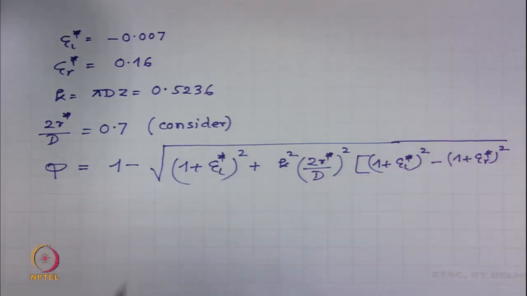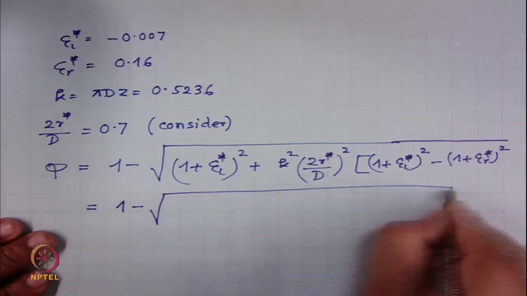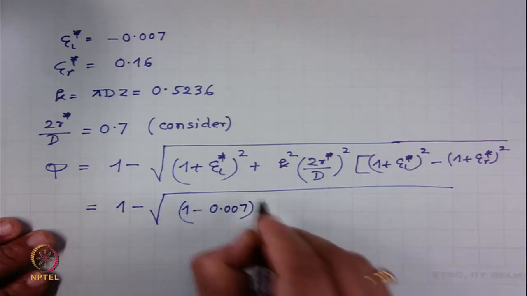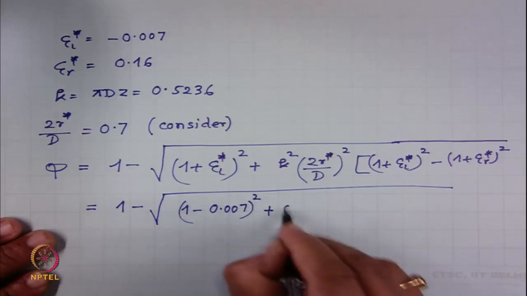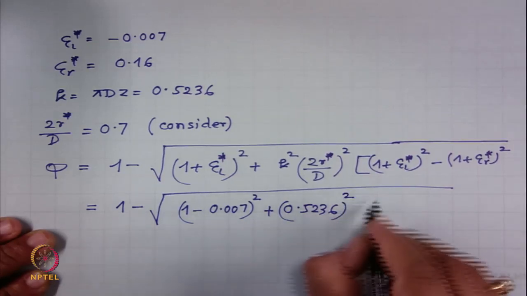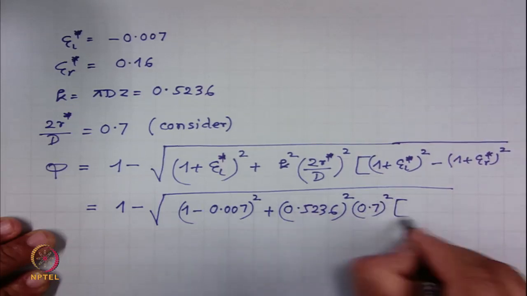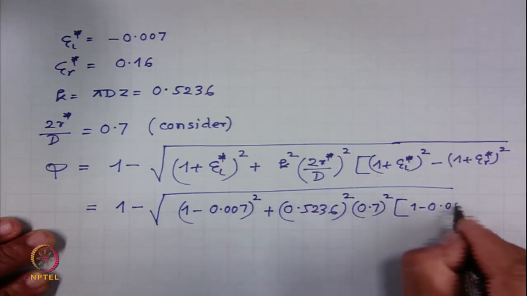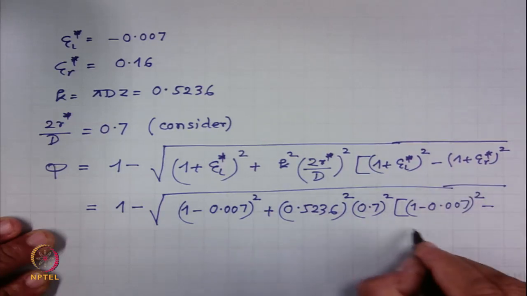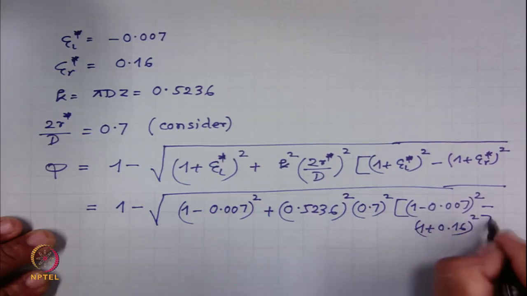You substitute all values available to you: 1 minus 0.007 square plus 0.5236 square into 0.7 square, 1 minus 0.007 square minus 1 plus 0.16 square.